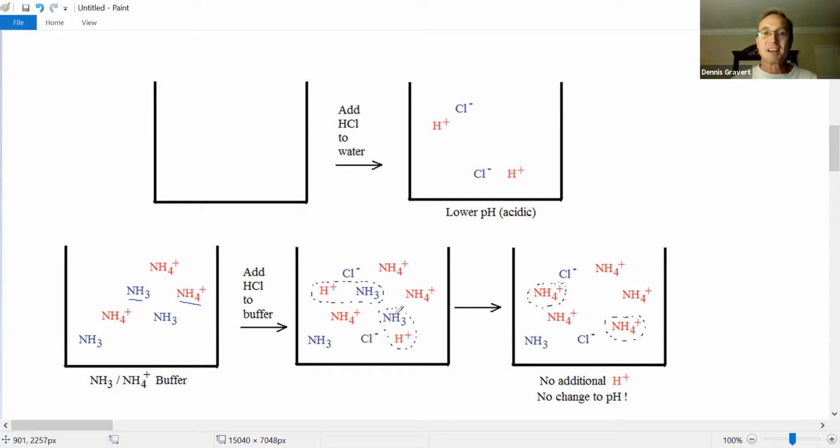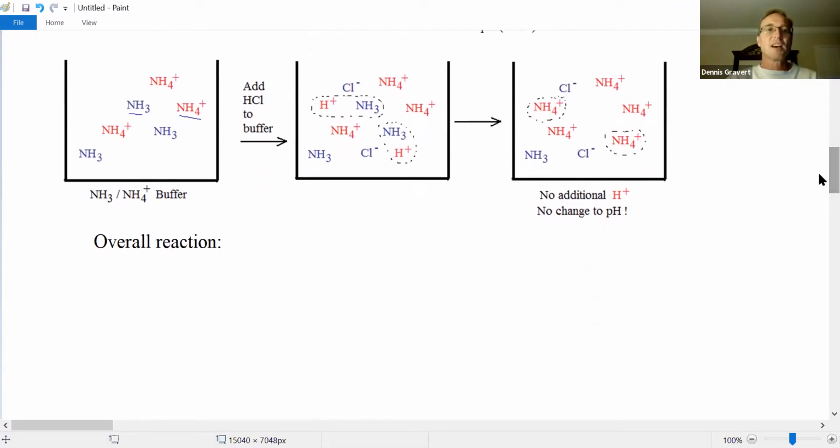And down here, same thing. Ammonia grabs an H+, gobbles it up, turns it into ammonium ion, and effectively we've canceled out the H+, so there shouldn't be any change to pH. The pH is supposed to be the same as it was before. That's the idea.